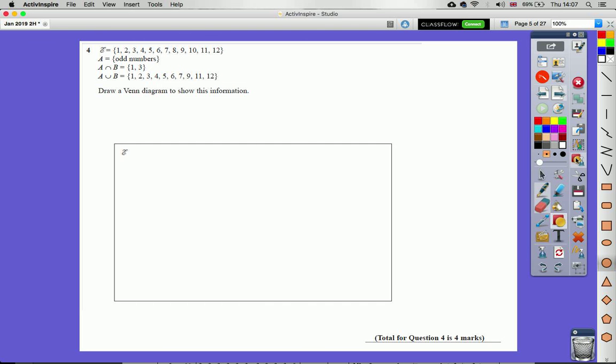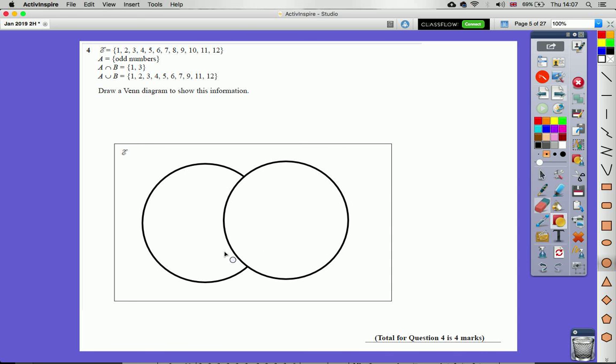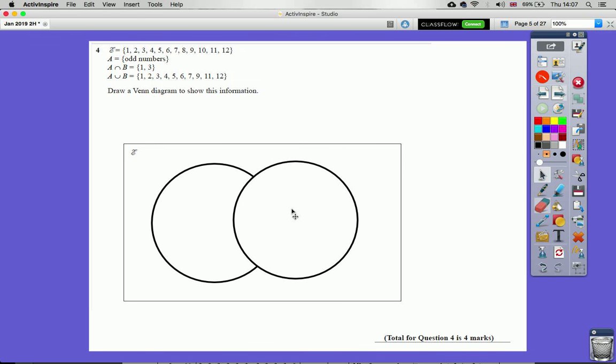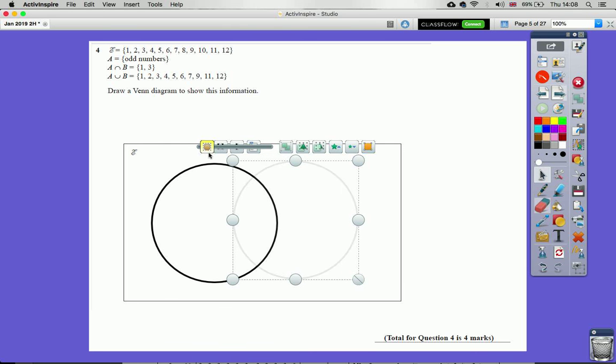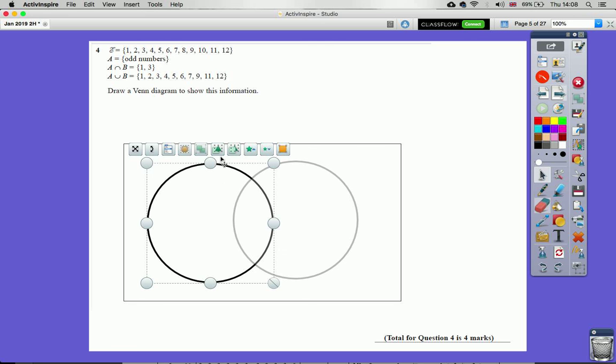So I'm going to now draw my Venn diagram. So first of all, the universal set has got 1, 2, 3, 4.